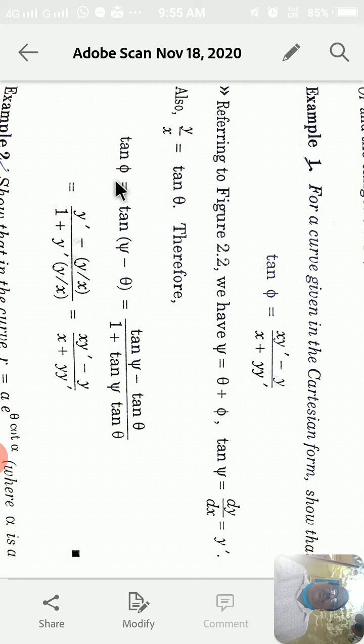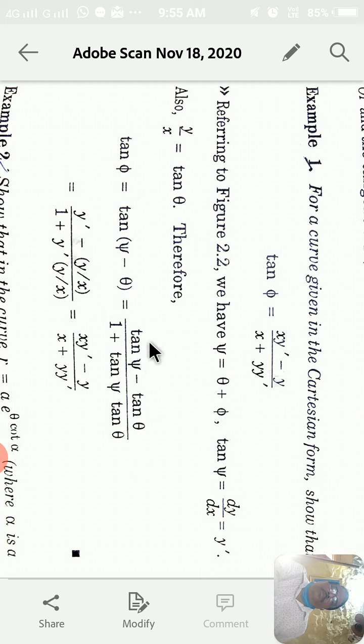Now we know tan psi is y dash, and tan theta is y by x. Now consider tan phi. From this figure, psi is equal to theta plus phi, so phi is equal to psi minus theta. Therefore tan phi is tan of psi minus theta, and again we apply the tan of a minus b formula: tan a minus tan b divided by 1 plus tan a tan b.